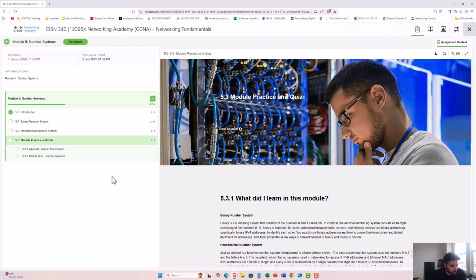This is a very basic foundation. We haven't gotten into subnetting, but once you get a good foundation of binary conversion, subnetting is going to be a lot easier, right? If you understand binary, subnetting is going to click immediately.